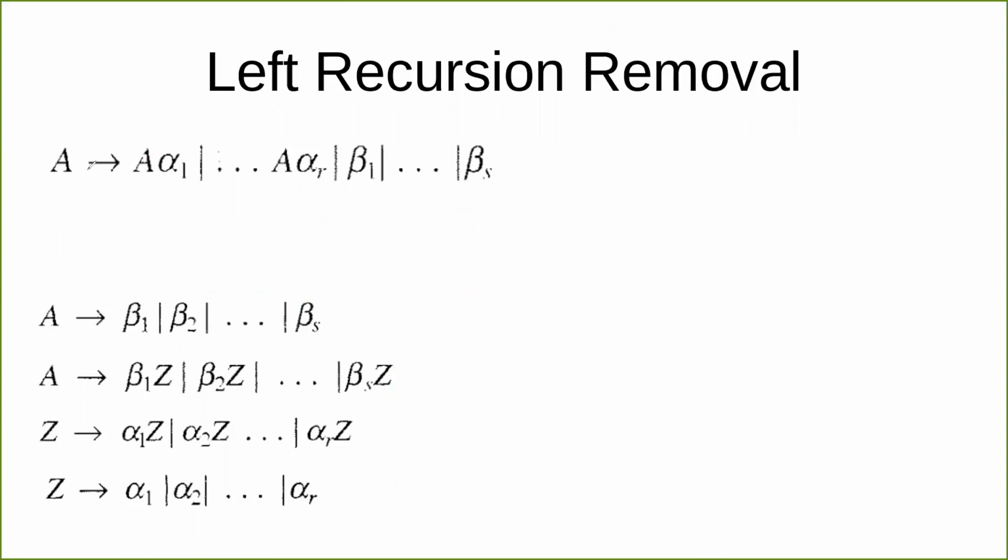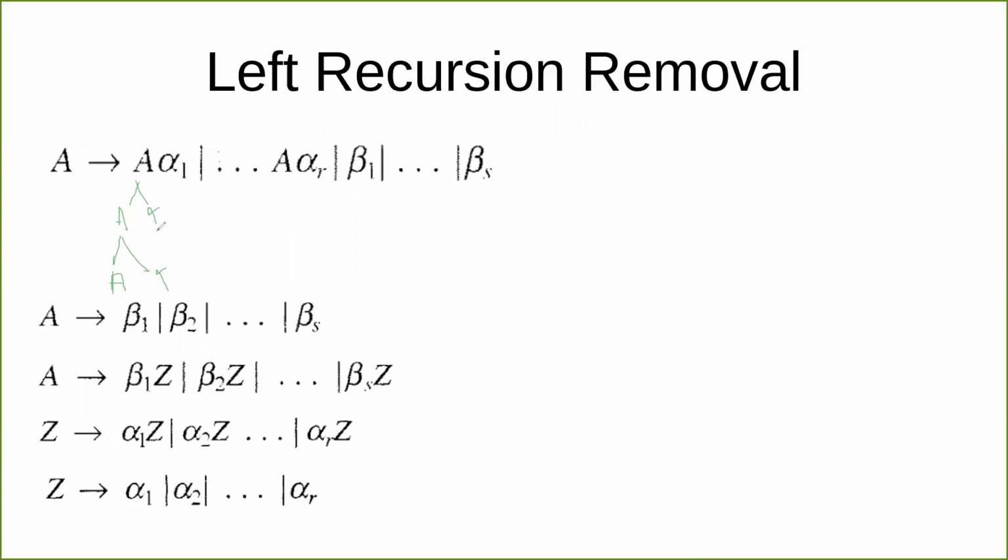This variable would be continuously derived, like a leftmost derivation, A produces again A alpha, then this A produces again A alpha, like what I drew before. So there would be a series of multiple A's.